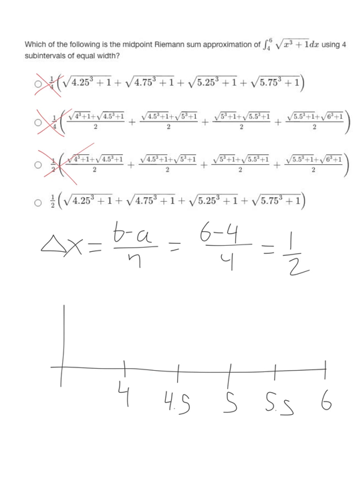So what I'll actually end up plugging in is the midpoint of 4.25, the midpoint of 4.75, midpoint 5.25, midpoint of 5.75. Those are the x values that I would plug into the function to get the height of each of my rectangles.